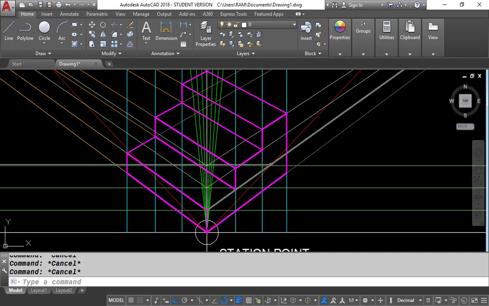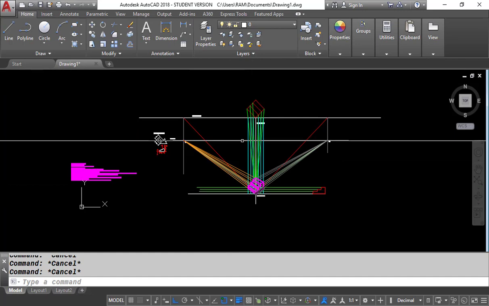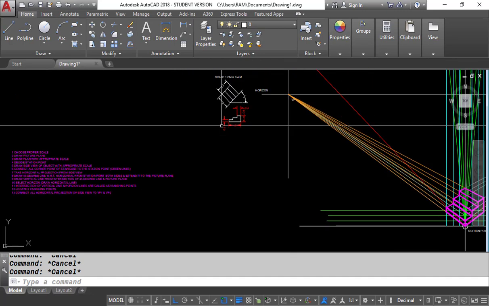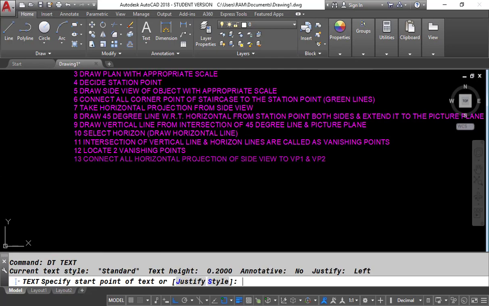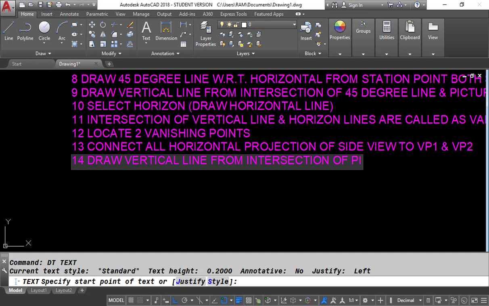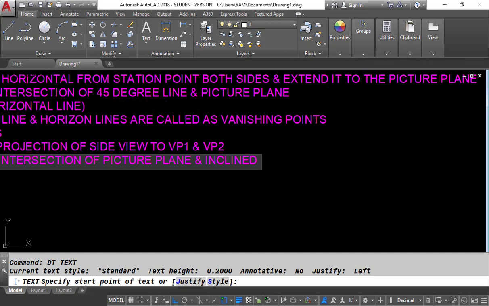Then after you have to draw vertical lines from the picture plane. Draw a vertical line from the intersection of the picture plane and inclined lines.